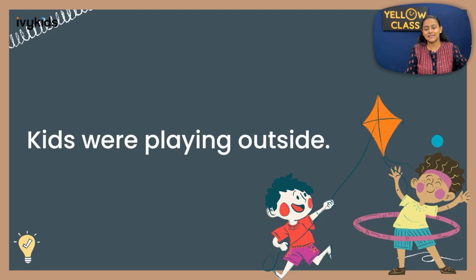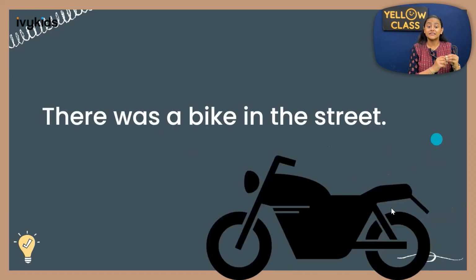There was a bike in the street. I'm not talking about present, I'm talking about past. There was a bike. So let's say in the morning, when I was entering the school, I saw a bike on the street. So I'm sharing that there was a bike in the street.